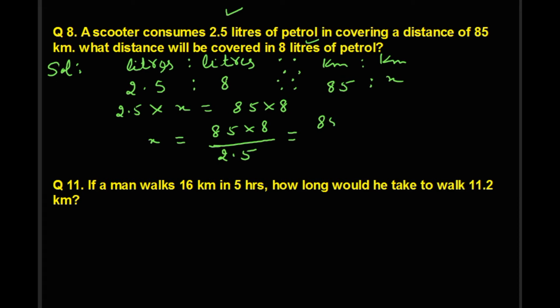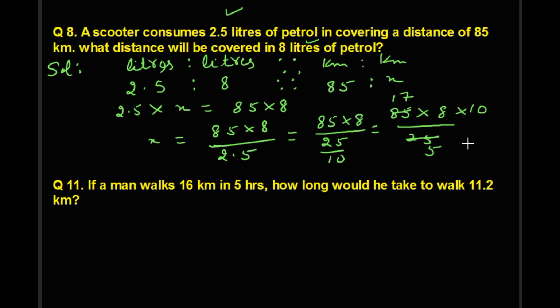Right, students? So for solving this, you have to take 85 multiplied by 8. This would become 25 upon 10. So when we divide this, it will become reciprocated. 25 would be here and 10 would go there. So 17 5 ja 85, 5 5 ja 25, 5 1 ja 5, 5 2 ja 10.